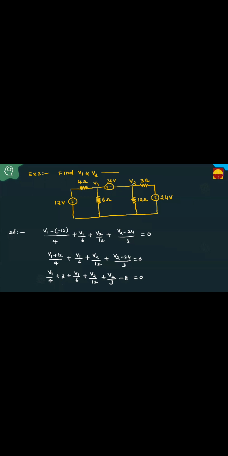If you simplify this, I am getting V1 plus V2 equal to 12. Is it correct? Do the simplification. I got V1 plus V2 equal to 12. Is it correct? Come on. Response, sir. Very fast you have to do the calculations.